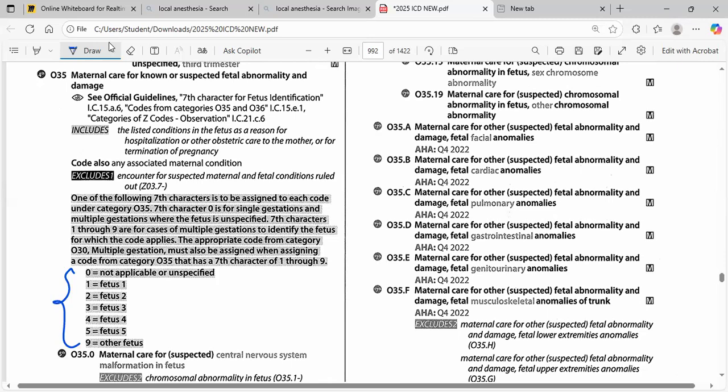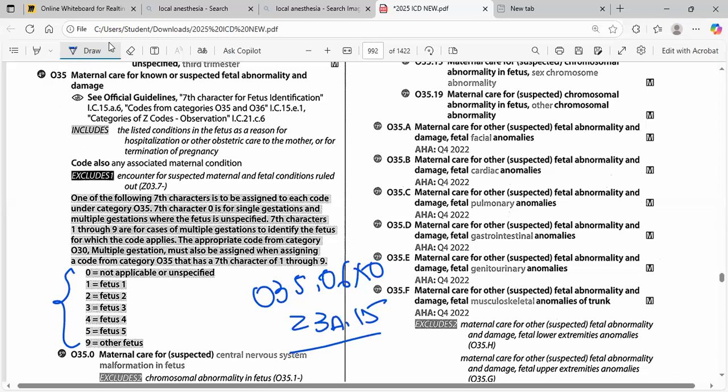So what we are going to do, we are going to use O35.06X0 because it is not classified here. Your next code will be Z38.15 only. So for this question, you just need to use these two codes.